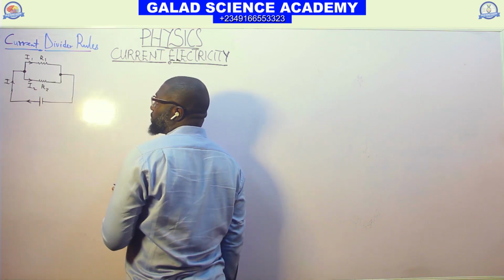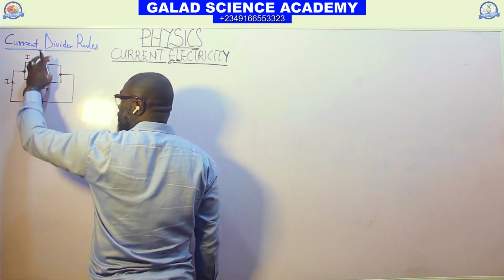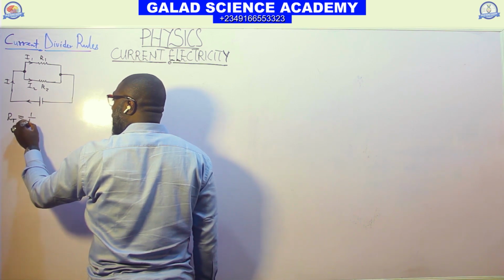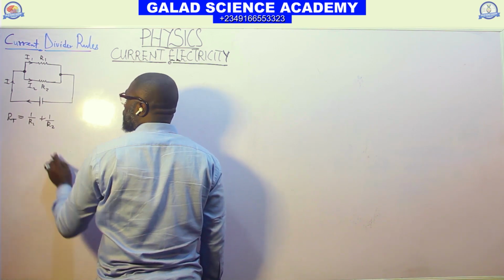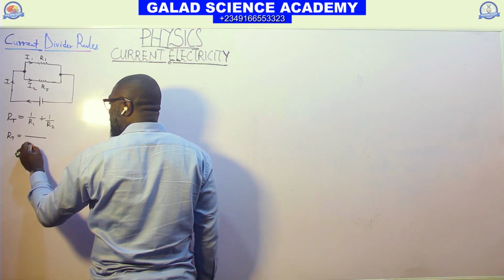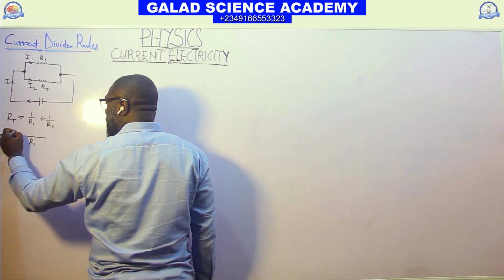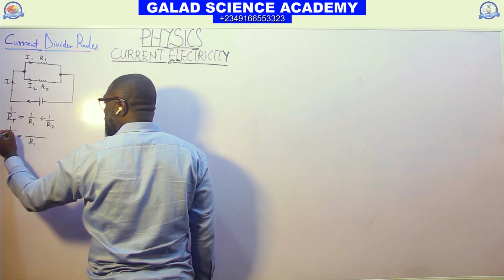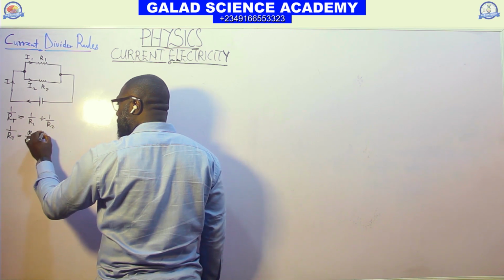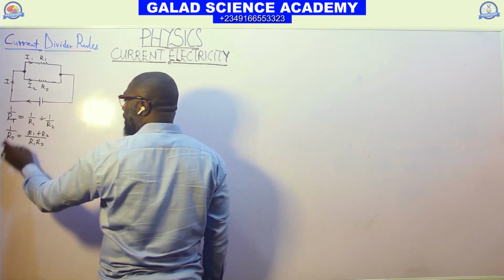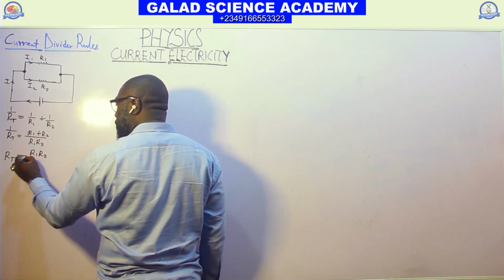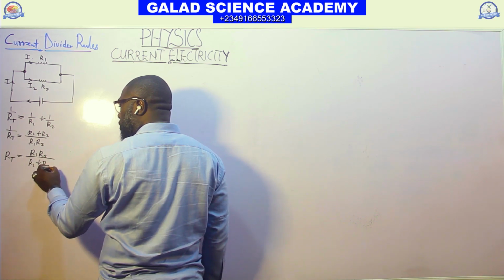From this expression, you can find the total resistance here. The total resistance will be 1 over R1 plus 1 over R2. Taking the LCM, it is R1 R2, so we have R1 plus R2. Taking the reciprocal, the total resistance will give us R1 R2 over R1 plus R2.